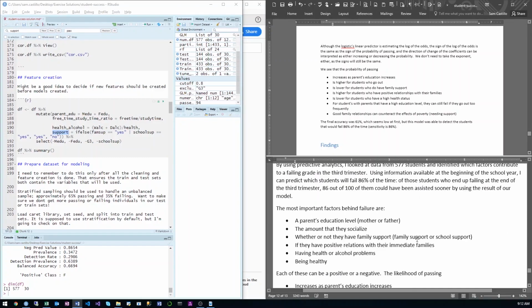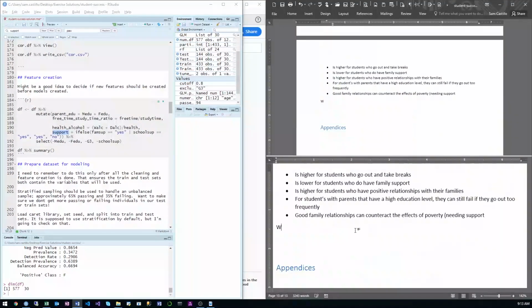Okay, now I can also look at the decision tree. We recognize the need for educators to have actionable insights, info that they can use to help students.